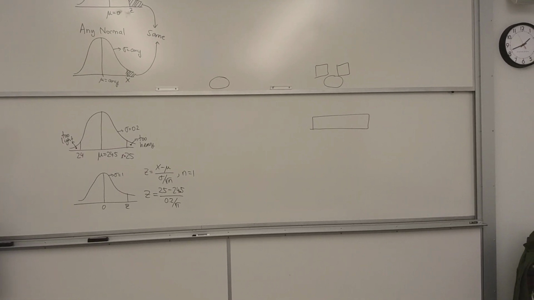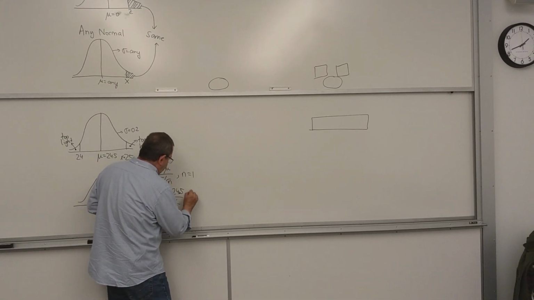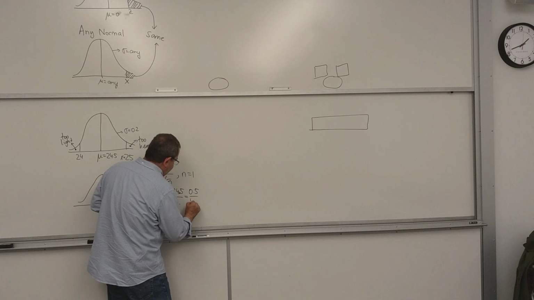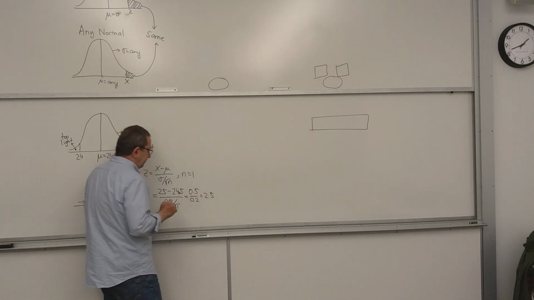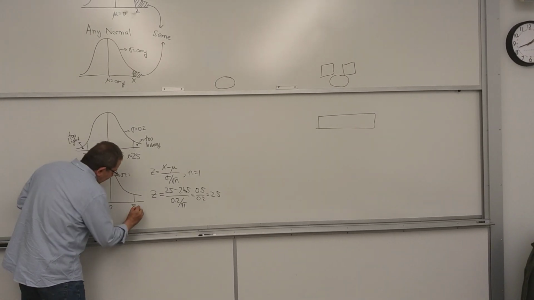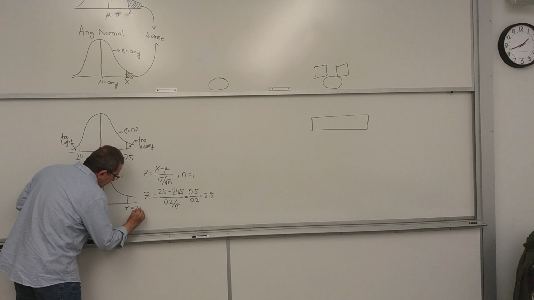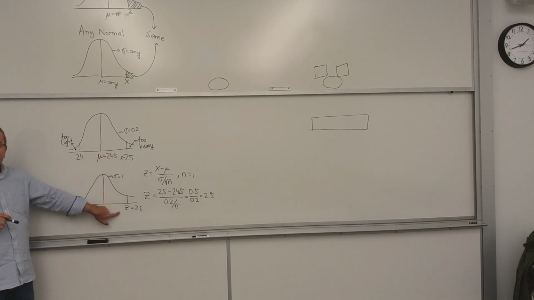So this is going to be 0.5 divided by 0.2 equals 2.5. So the z-value that corresponds to the x value is 2.5.